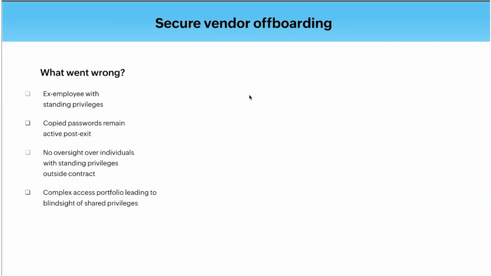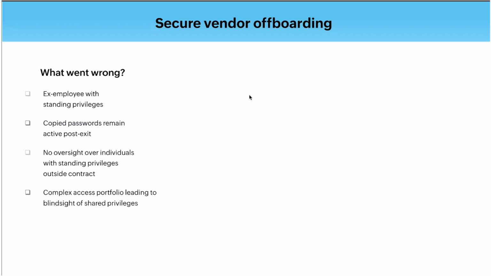If copied passwords remain active post-exit, that is also a problem, right? That means that when John does not need access to these endpoints, if the passwords still remain active, and if John or threat actors with malicious purposes get access to these passwords, they can launch remote sessions into your enterprise with zero admin oversight, right?